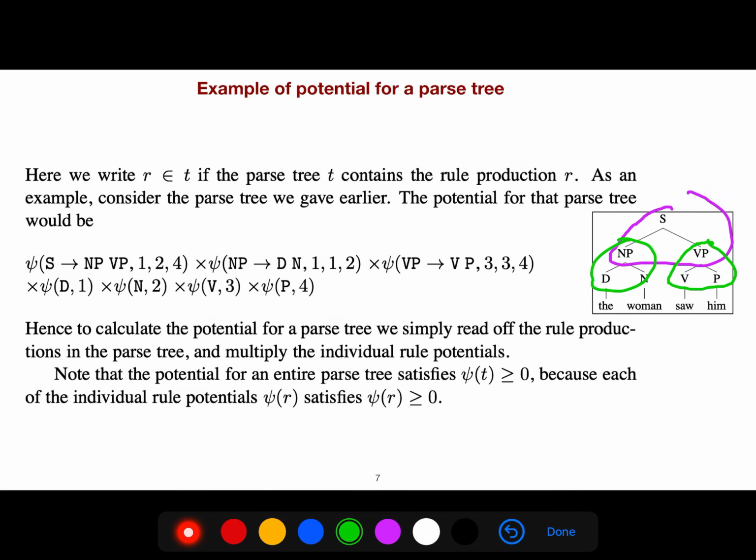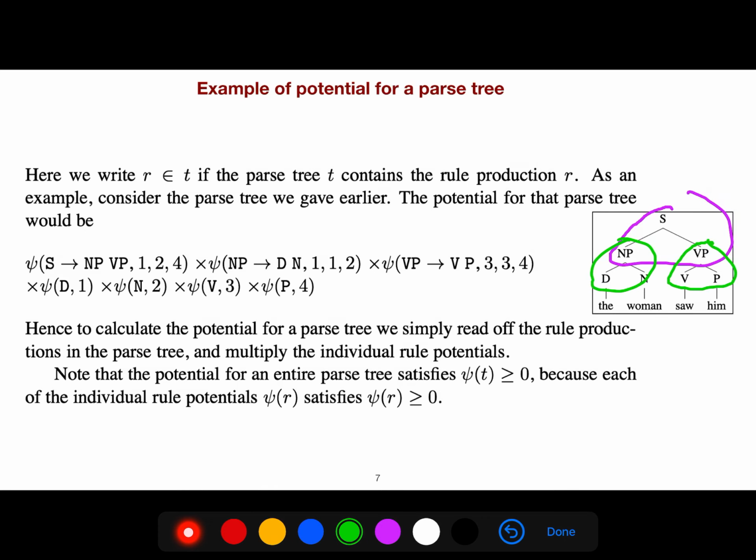Because there are many rules in the tree, for example, one rule, the other rule, if you multiply them, this is the potential. But the probability we should normalize to become between 0 and 1. Otherwise, it's not a proper probability function, and we have some problems with that.